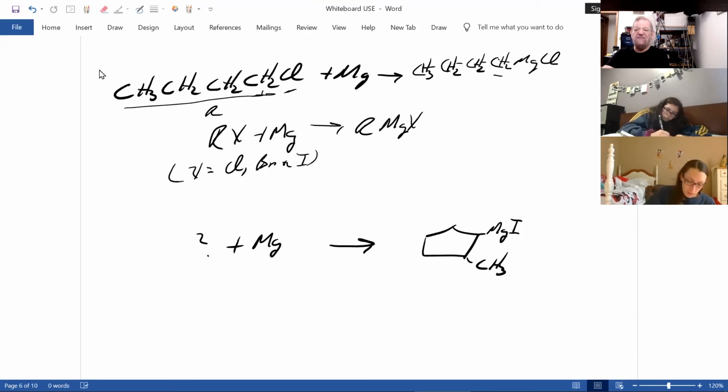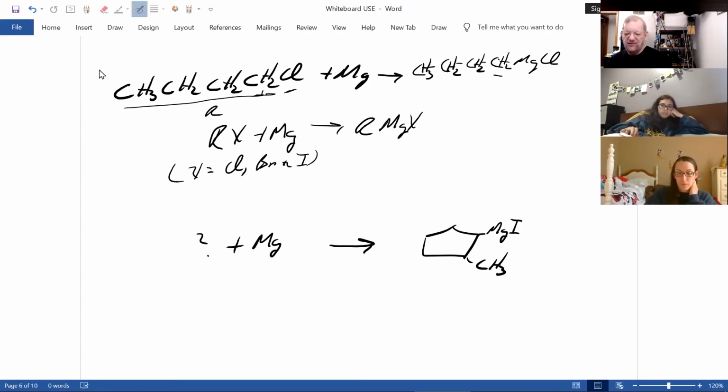And this is the fun part of organic chemistry synthesis. If you've ever played chess, you know how you think backwards, forward a couple moves before you make it. This is similar, except it's with atoms and molecules. All right, let's take a look at this.